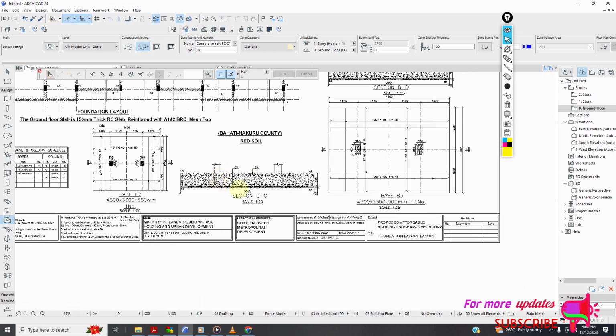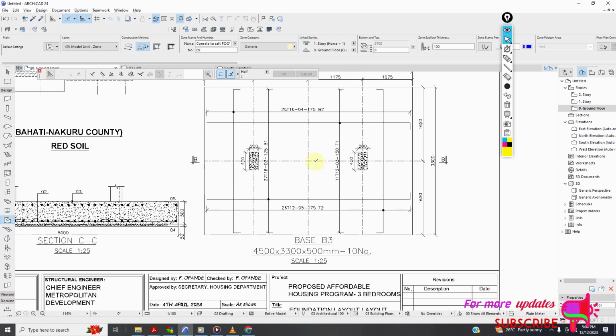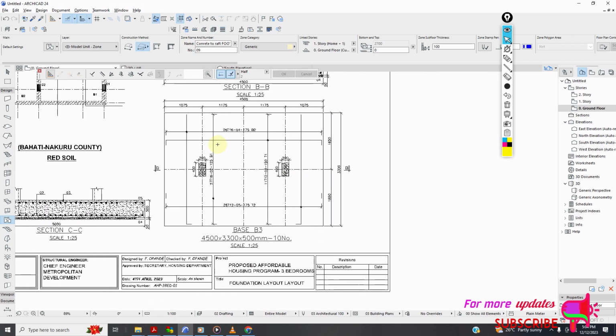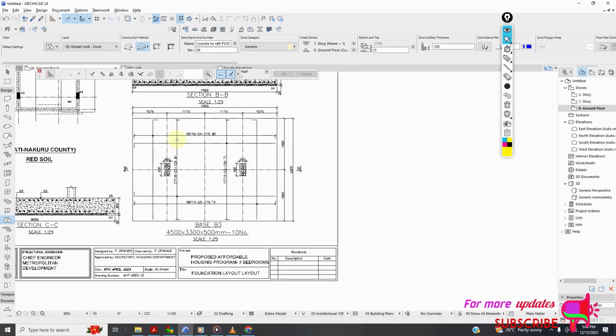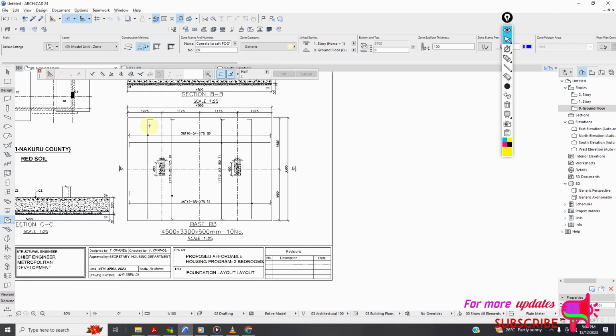So we're going to use this to determine these materials before they get to site, and also you can determine the output on site. You can determine the quantity of materials that has been used to actually build your house on site, if you know how to do the reinforcement rebar takeoff.